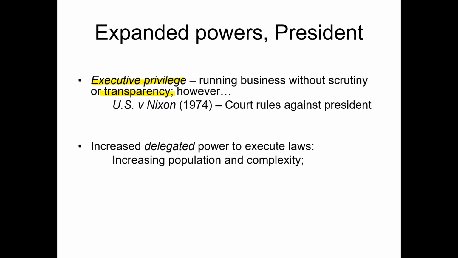So therefore, the president has to delegate more power to the executive branch to get things done. There's no way on earth that a president can know everything that's going on when he has 3 million people that work for him, doing all kinds of activities out there in the United States and abroad in order to conduct the business of government.